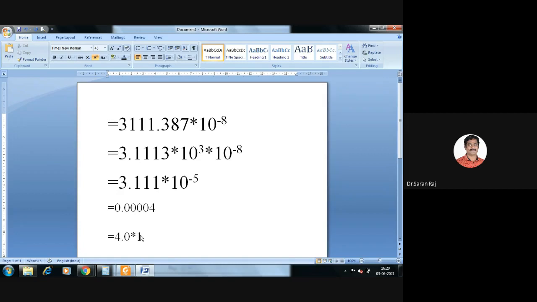I already said that for 10 power, when the point moves to the right hand side you write minus, and when it moves to the left hand side you put plus. Here it moves to the right hand side, so I put minus. The number of digits you move: 1, 2, 3, 4, 5. So 10 power minus 5.